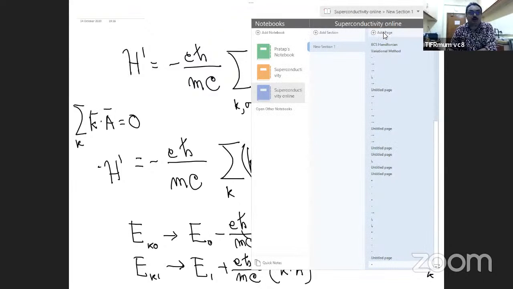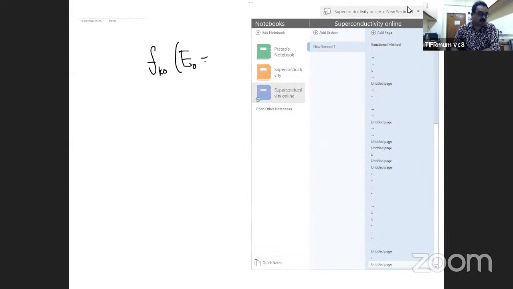All right, so now I know that in this Fk0 and Fk1, the difference is that the energy that comes in one case is E0 minus this quantity, whatever, I forgot what it was.